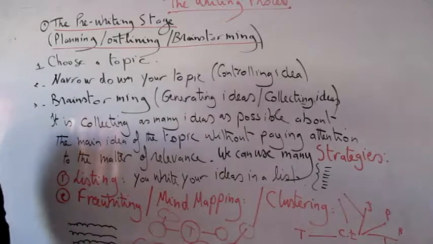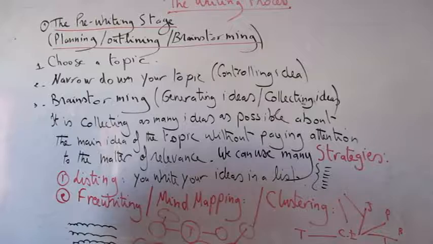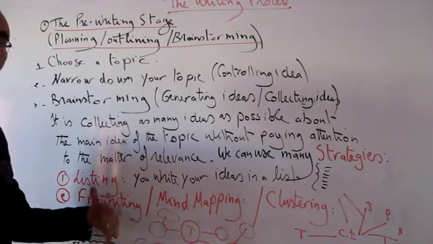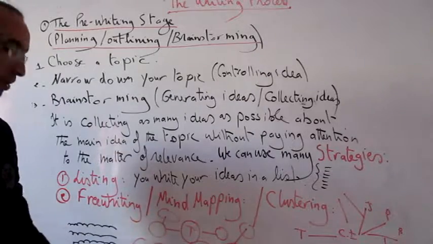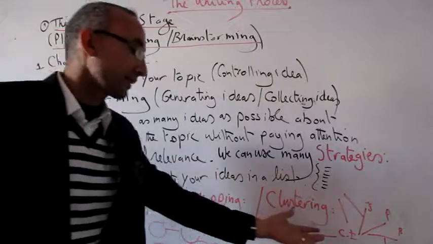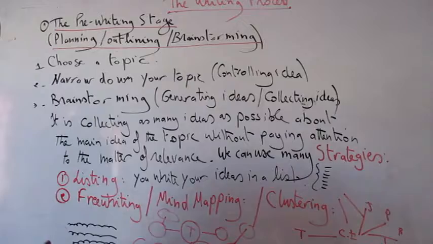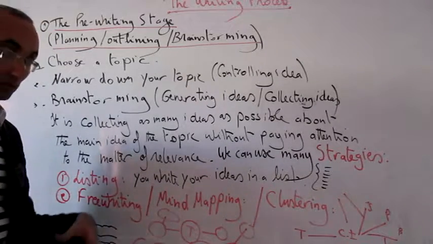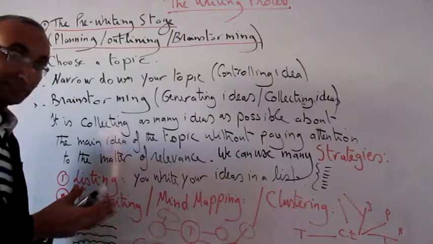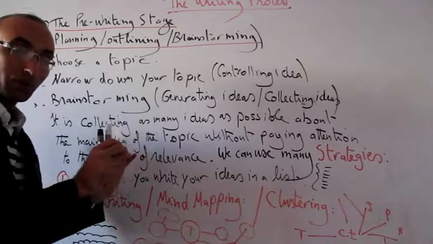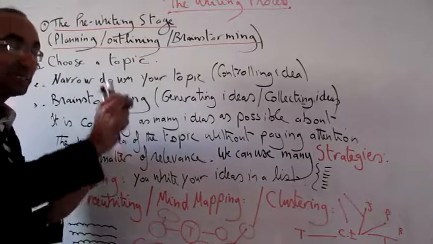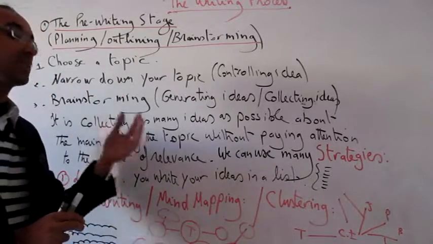Alright, good. Now after collecting many ideas, in the form either of a list or a map or a cluster like this, the time has come to observe these ideas and select from them what serves my topic. Clear? And cross out what is irrelevant.